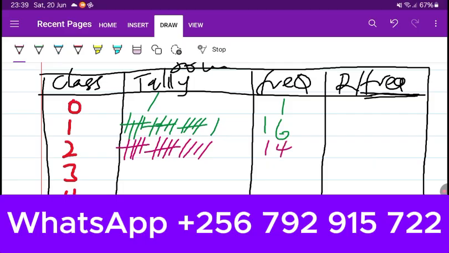Then for the 3, there were 12 3s. 1, 2, 3, 4, 5, 6, 7, 8, 9, 10, 11, 12. So those are 12. For the 4s, we had only 3 4s. 1, 2, 3. For the 5, we had only 2. 1, 2.